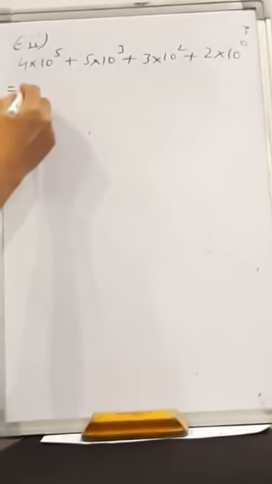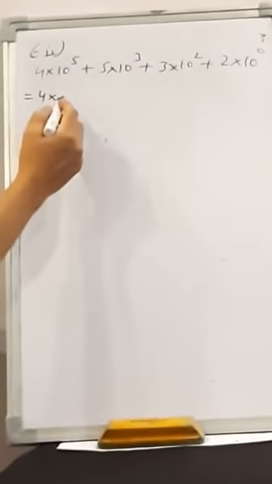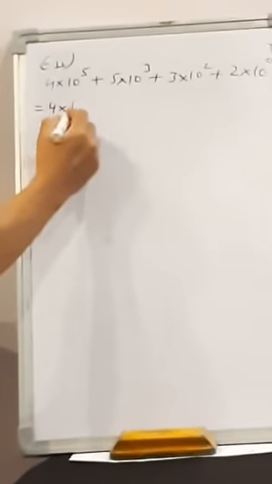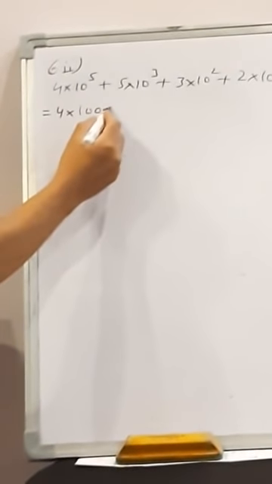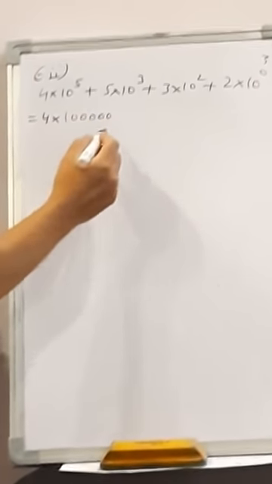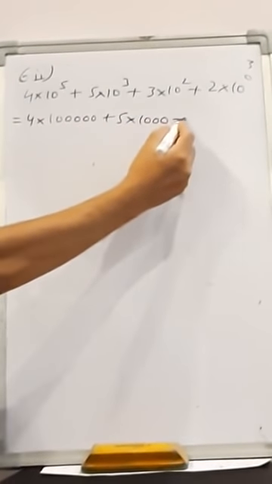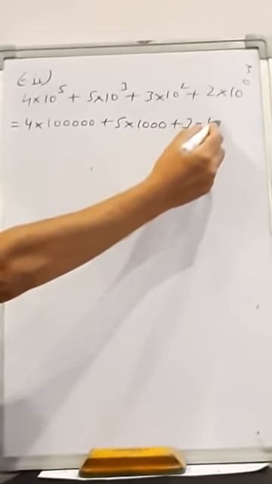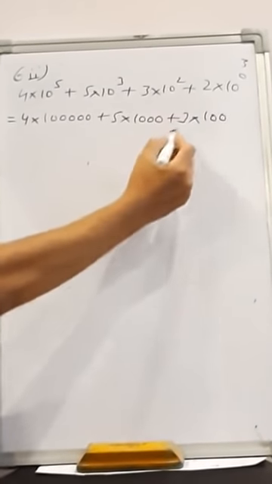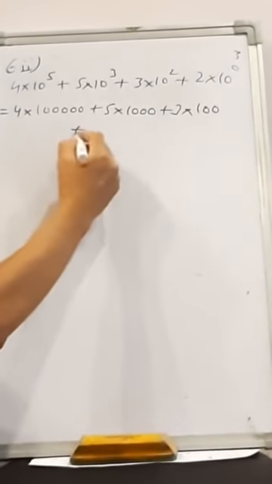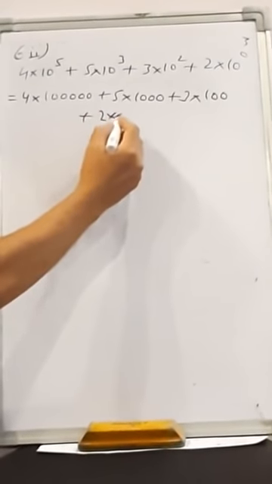So we write this in expanded form. 10 to the power 5 we will write with as many zeros as the power. 1, 2, 3. 3 into 10 to the power 2 and plus 2 into 10 to the power 0 is 1.